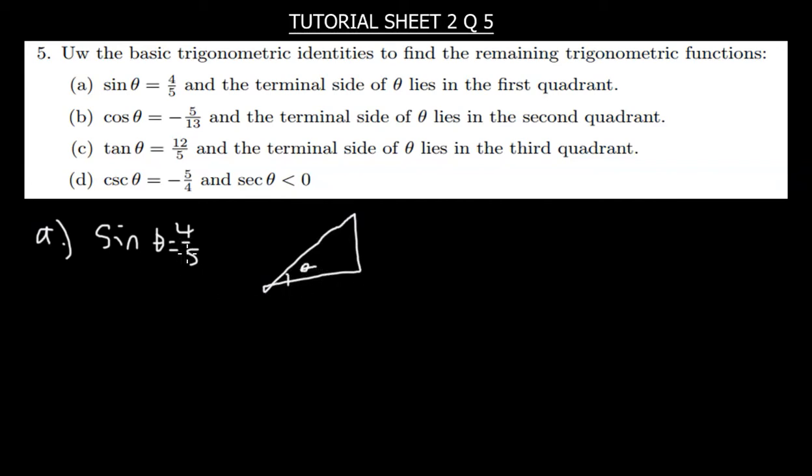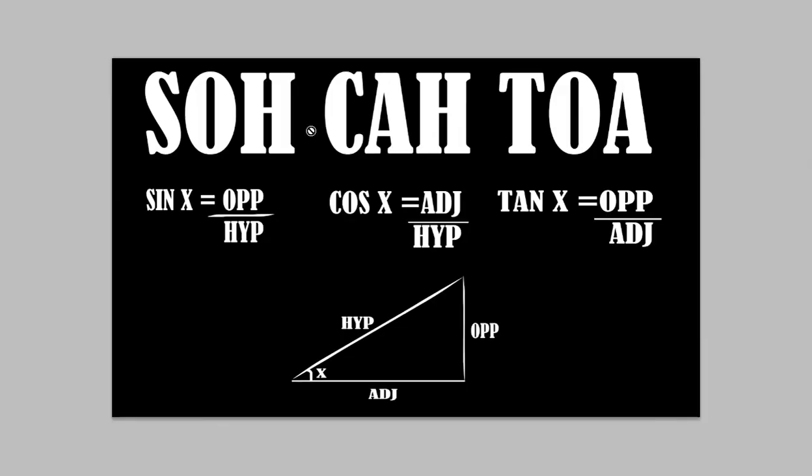And then sine theta is opposite over hypotenuse. If our x here is our theta, the opposite is the part of the triangle opposite to the angle, the hypotenuse is the longest side, and the adjacent is the line attached to the angle.